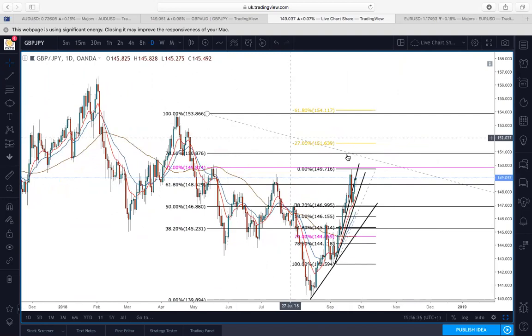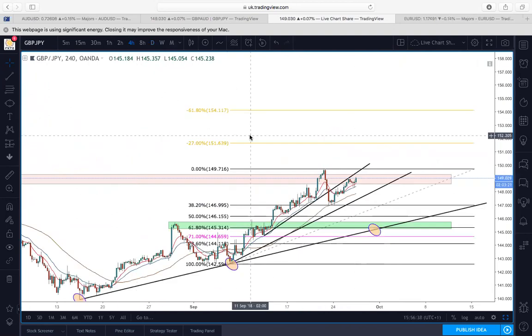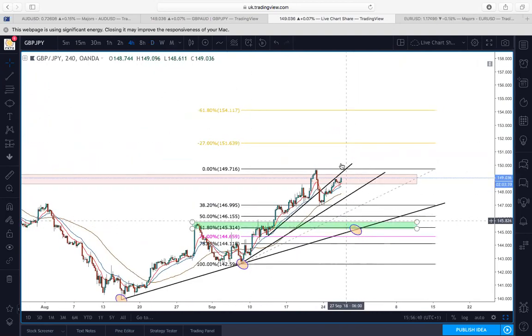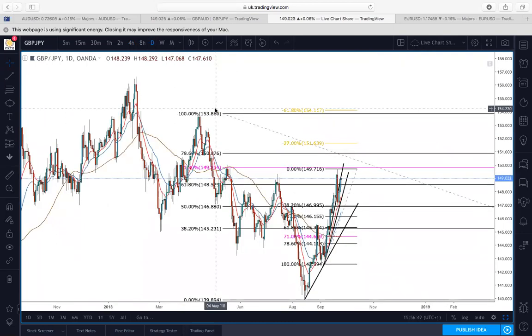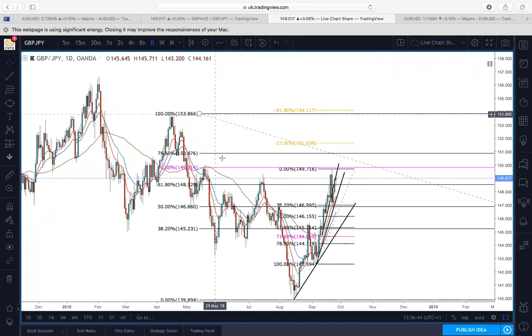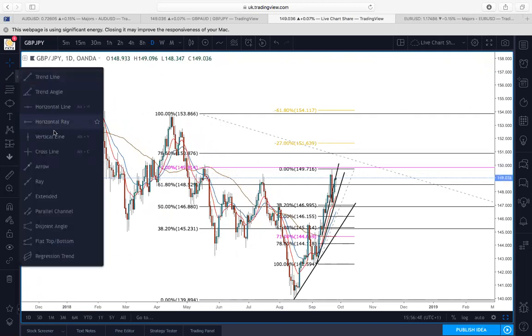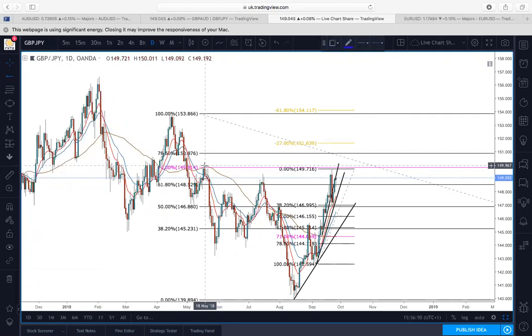Once we achieve that bounce on the 4-hour time frame, that pullback to here and bounce, I will be looking at the next target, which is currently 150. So we're right smack on 150 here, although it says 150.05.